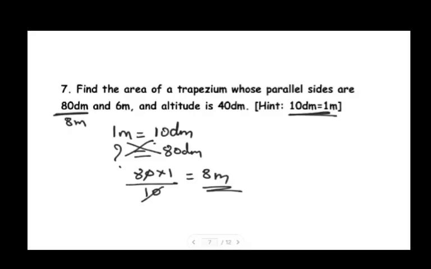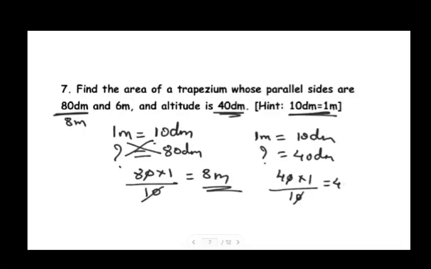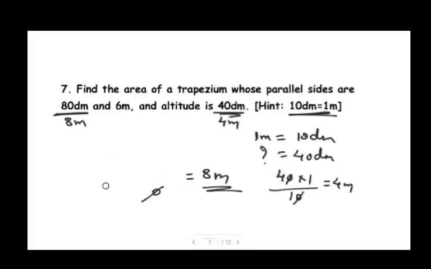And the altitude is also given in dm. So 1 meter is equal to 10 dm. So 40 dm is equal to how much? 40 into 1 upon 10. Cancel, 4 meters. So here this also I'm going to write as 4 meters.